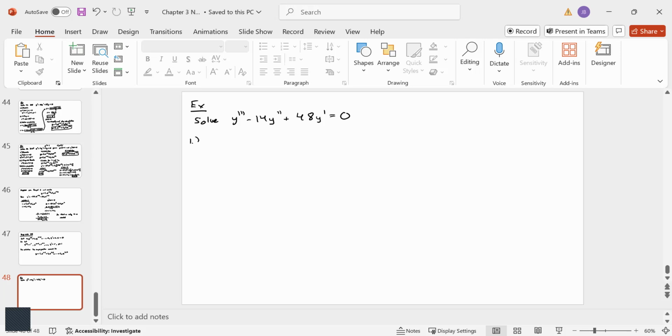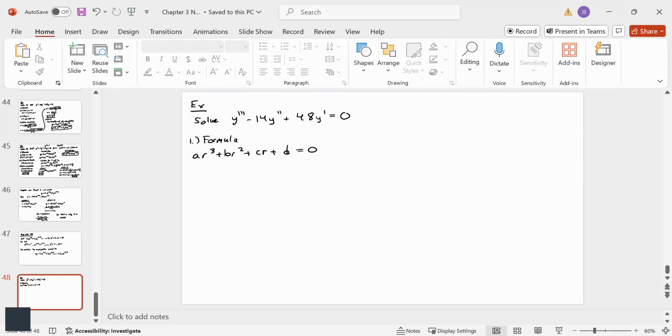And so step one is going to be the formula. We just modify our formula a little bit, which is a r cubed plus b r squared plus c r plus d equals 0. Essentially, we just keep adding extra terms.